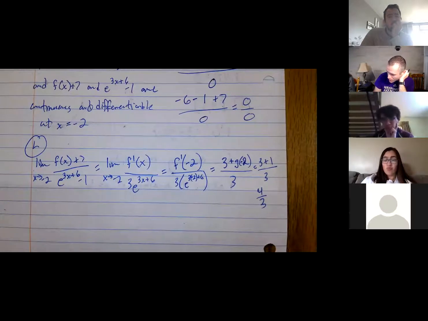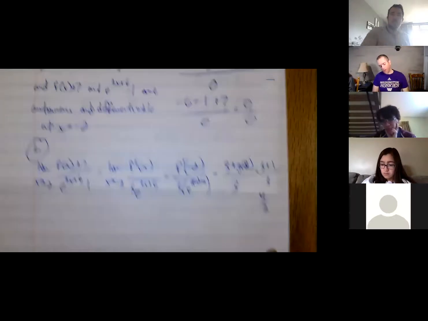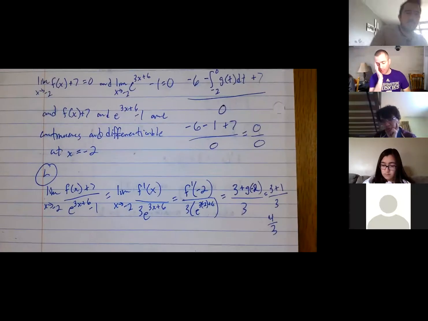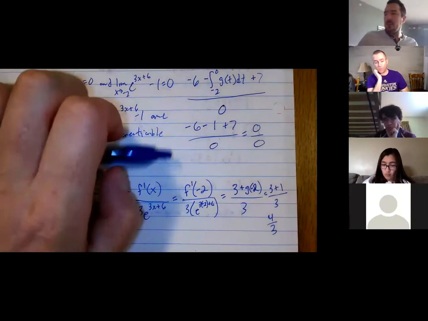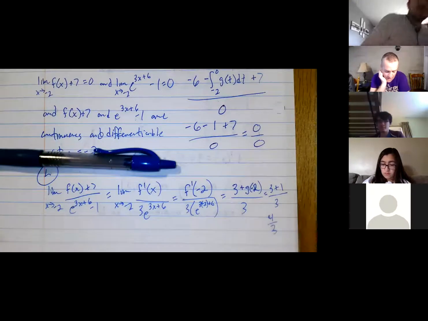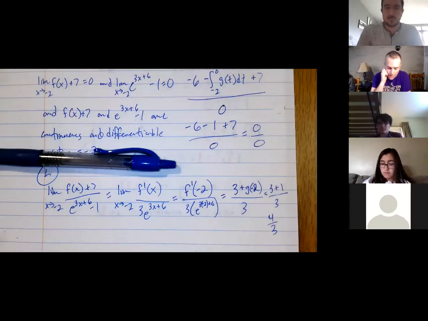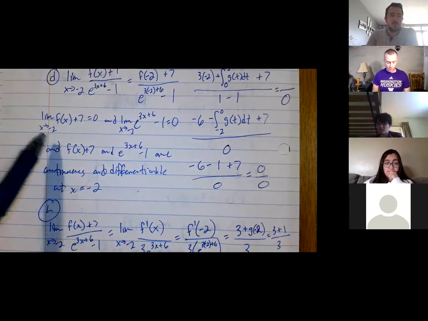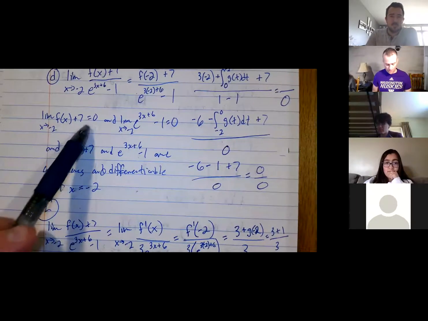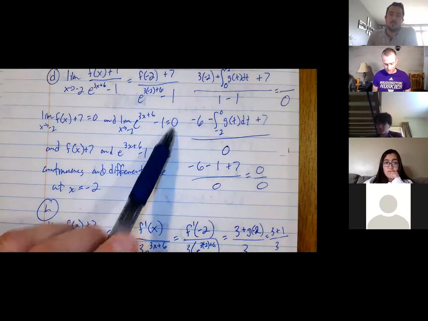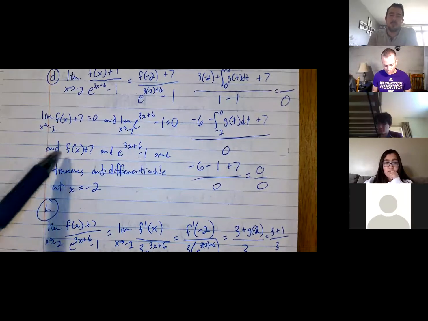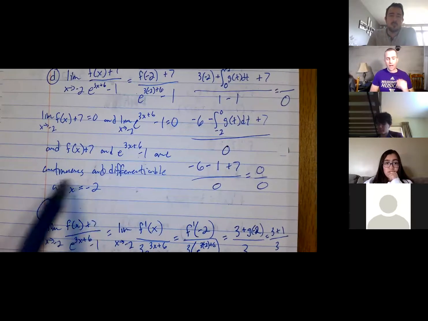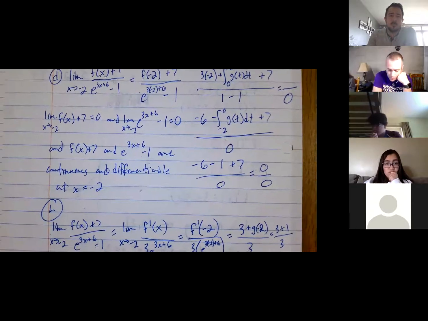So what has been the case recently, in the past couple years, is that they have said that if you do not separately state that the limit of the numerator is 0 and the limit of the denominator is 0, and also state that both the numerator and denominator are continuous and differentiable at that point, then you're not going to get that point for justifying L'Hopital's rule.